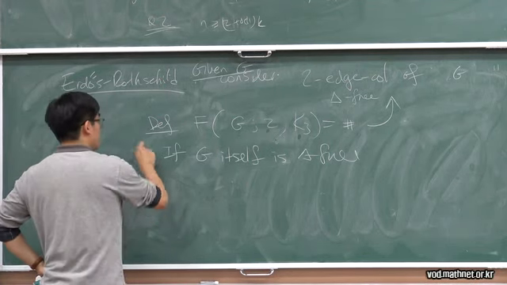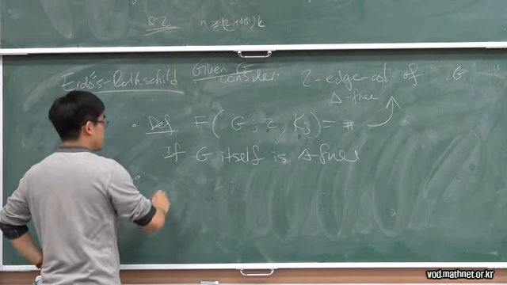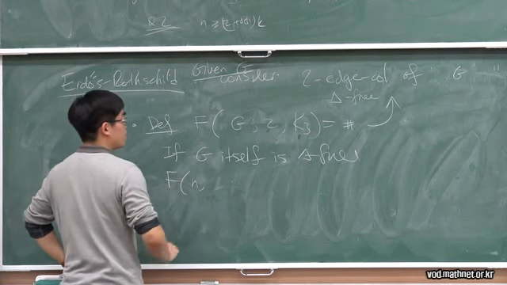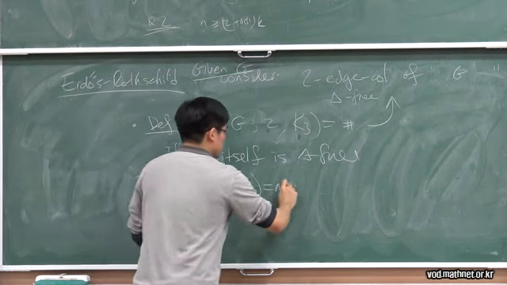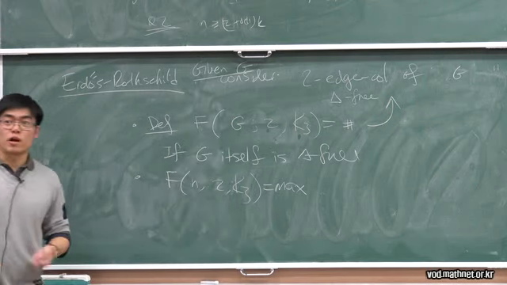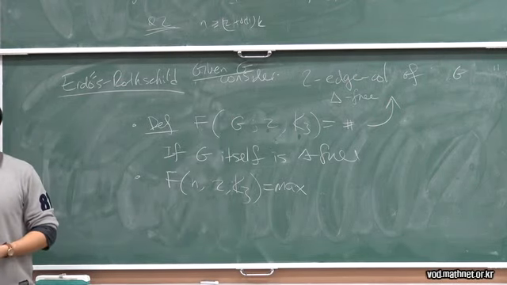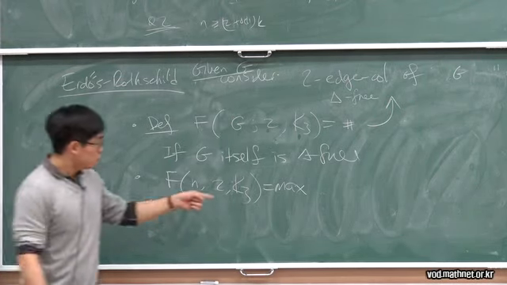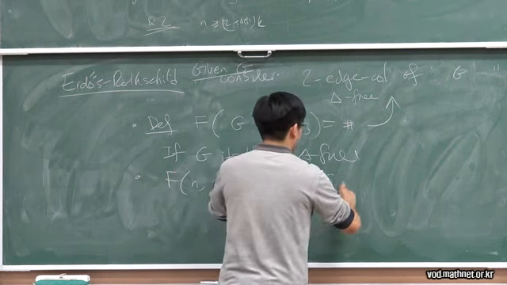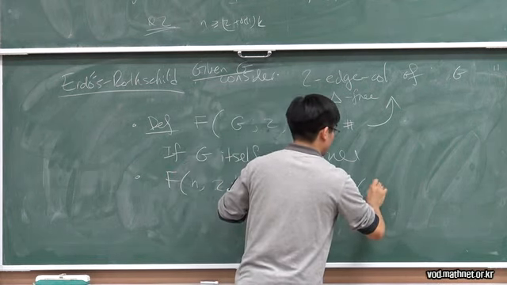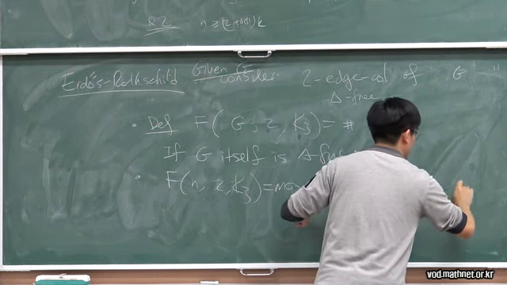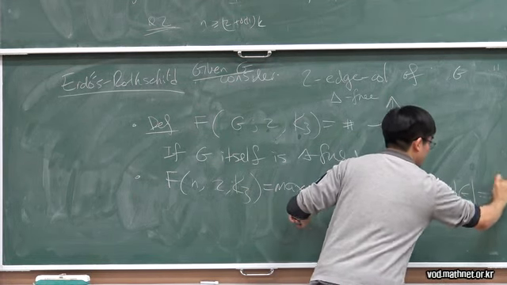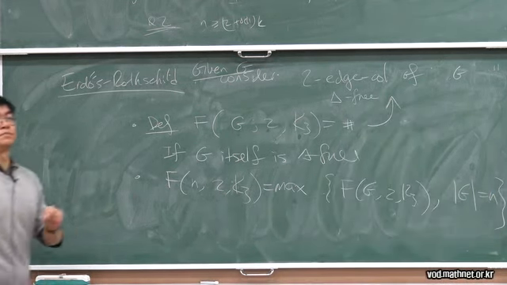So the parameter they're interested in is, let me define f of n, 2, K3. They want to look at which n-vertex graph maximizes the number of triangle-free colorings. So this is the max of f of G, 2, K3, where G has n vertices.